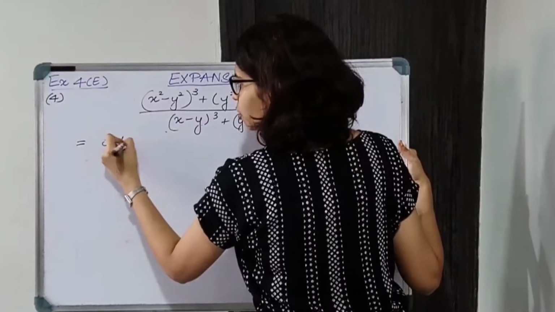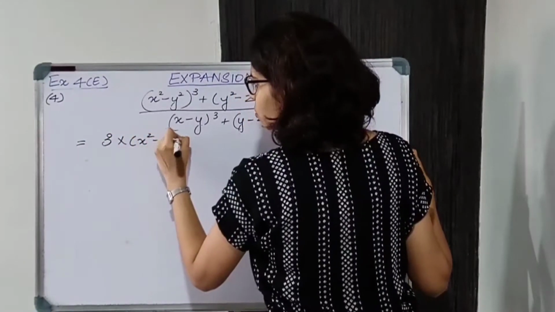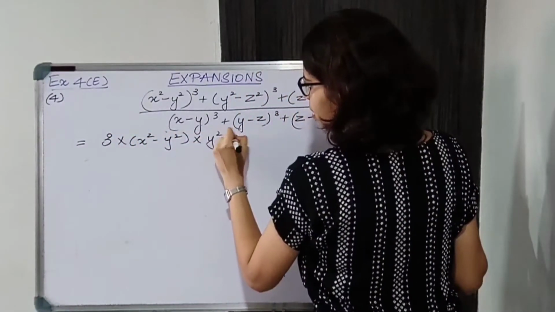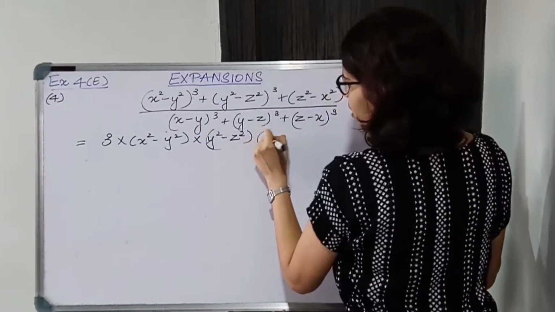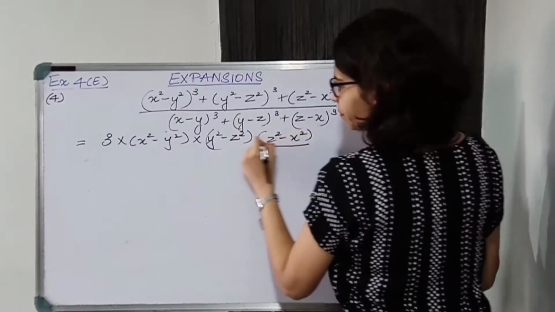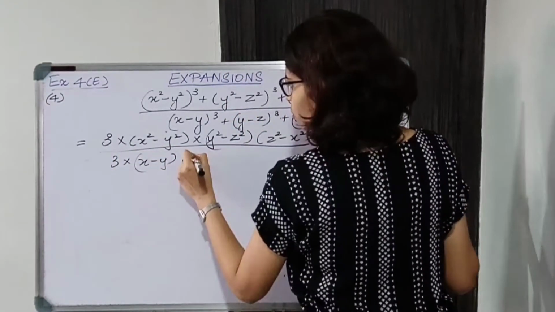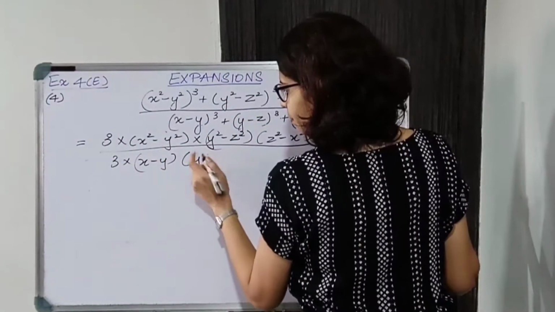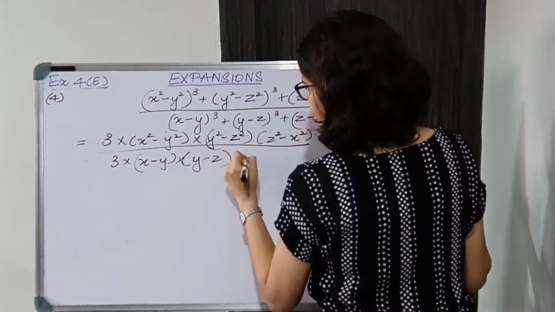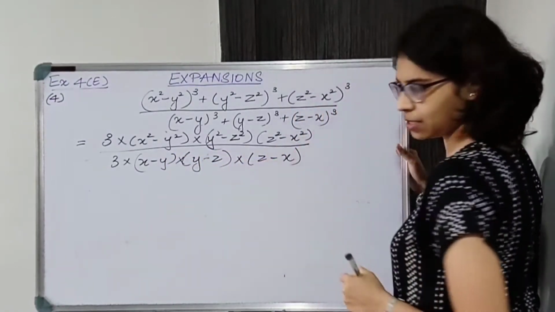So 3 into x square minus y square into y square minus z square into z square minus x square upon 3 into x minus y into y minus z into z minus x.